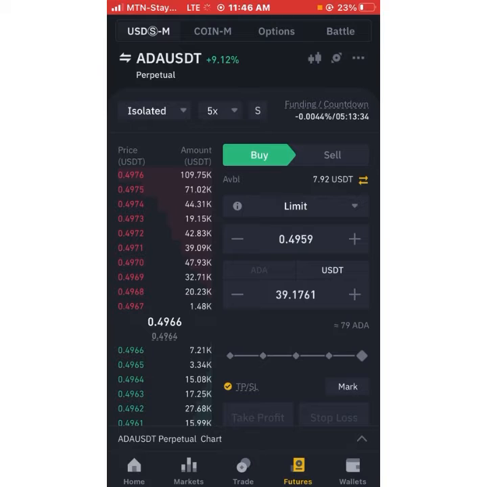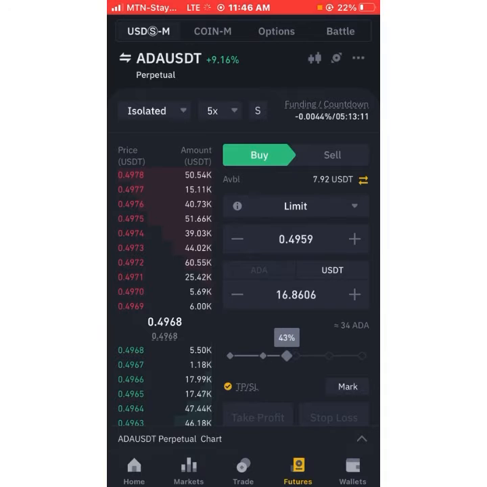This adjustment key is just to tell you how many USDD you have in your wallet that you want to exchange for your ADA. So if you want to use only 50% of your USDD, let's say I want only 50% of what I have as my USDD.